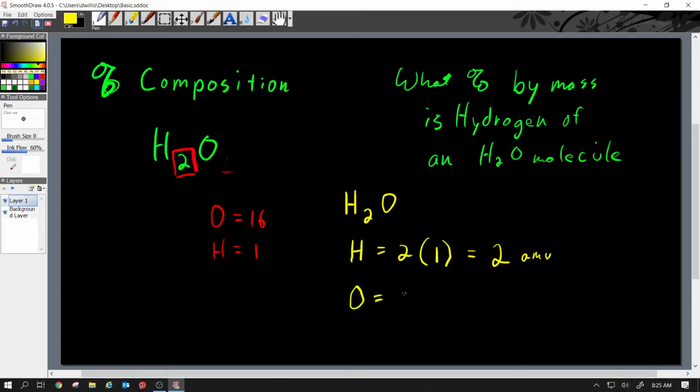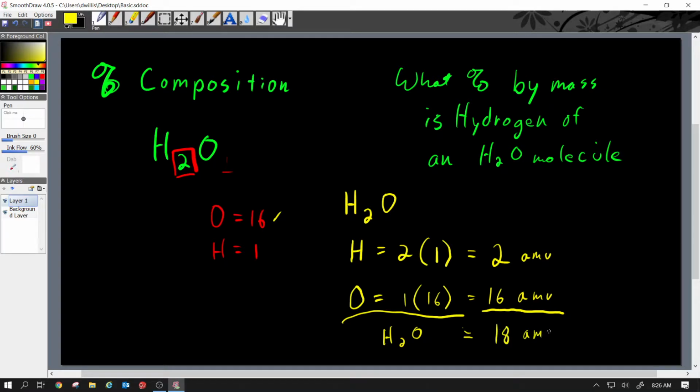You guys are bright, I don't need to put the 1 here. And how much did we say that its mass was? 16. Yeah, 16 AMUs. So 1 times 16 is going to be 16 AMUs, atomic mass units. Now, I'm going to just add that together, and for H2O, the total mass is 18 atomic mass units.